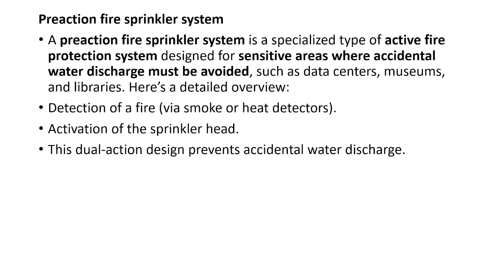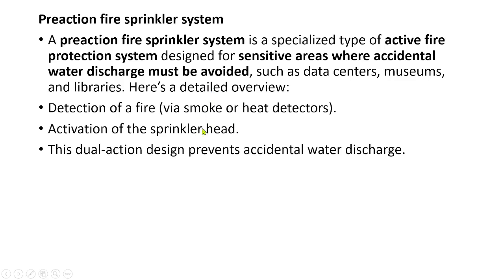The next one is the pre-action system. The pre-action system is a specialized kind of system. It is installed in sensitive areas like museums, data centers, and libraries, so that there will be a double interlock. There must be detection of fire via smoke detectors and also activation of a sprinkler head.